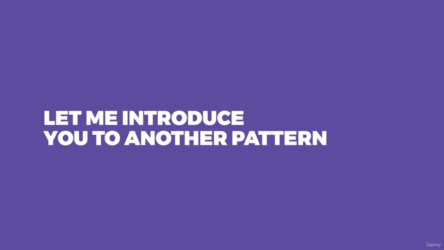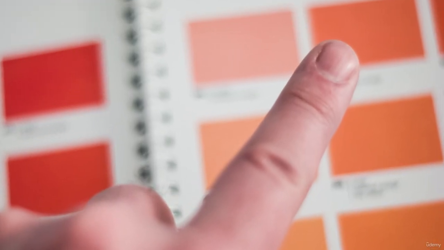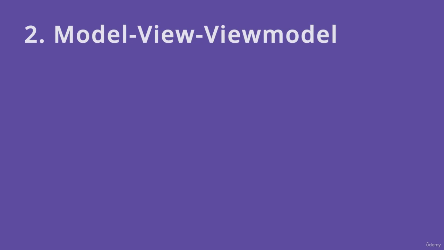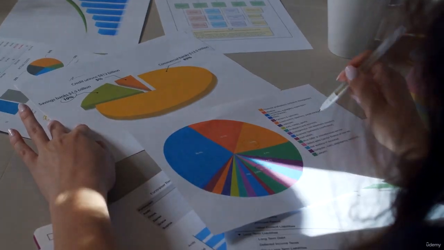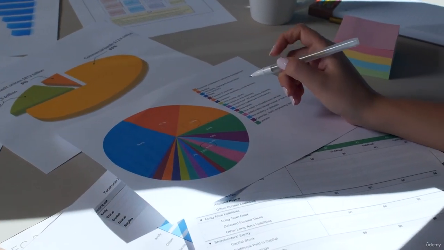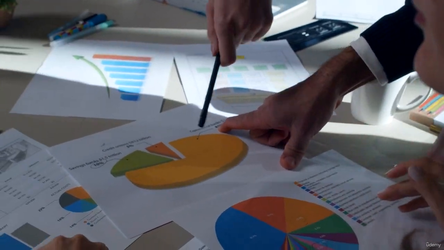Now, let me introduce you to another design pattern called model view view model. I personally prefer using the MVVM pattern, but you should generally choose the design pattern based on the project you're working on.